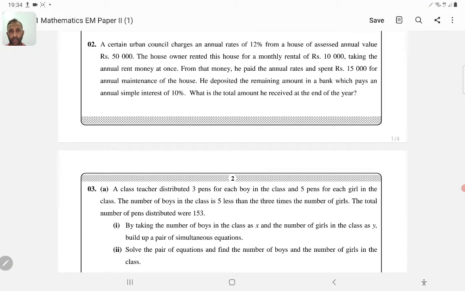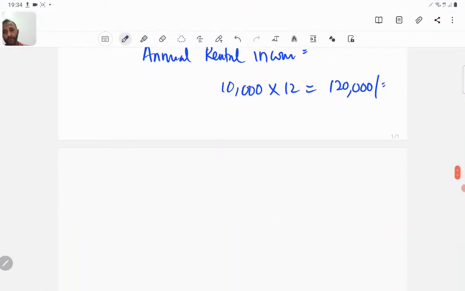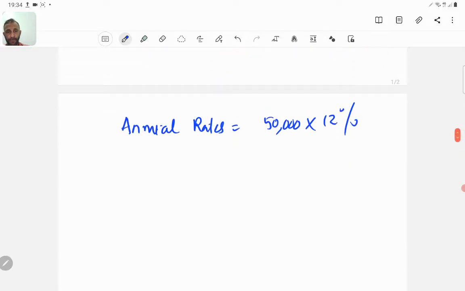Taking the annual rent money at once, the house owner received all the rent money in advance. From that money, he paid the annual rates. So let's work out the annual rates. Annual rates is 50,000 into 12%.